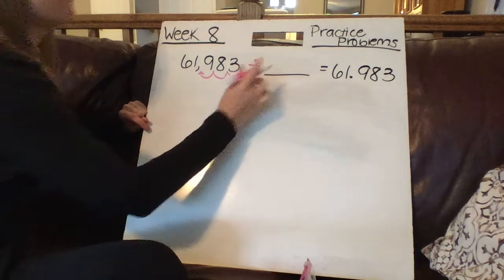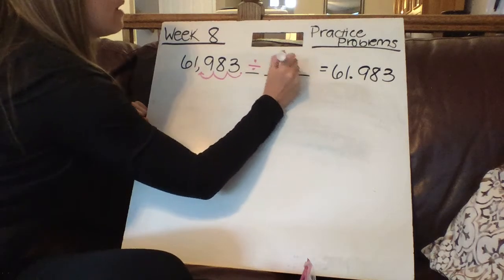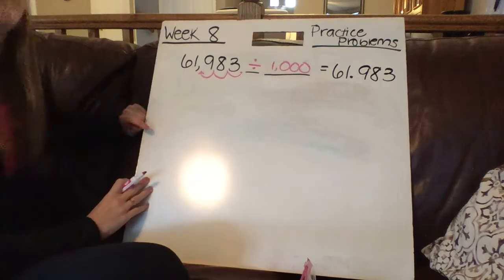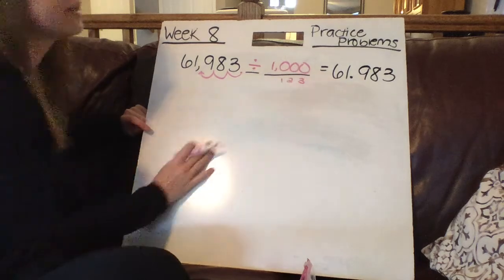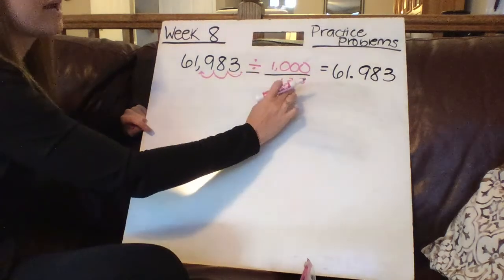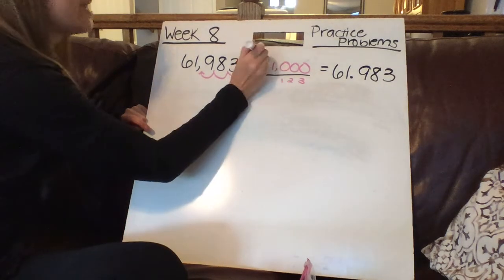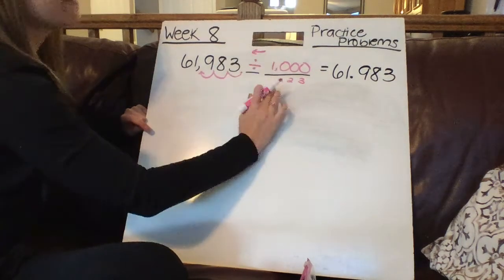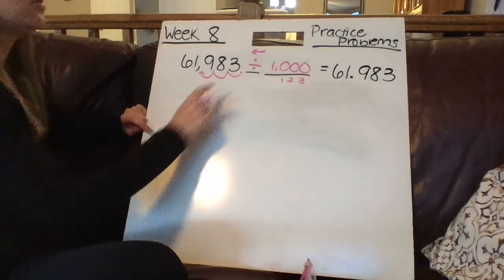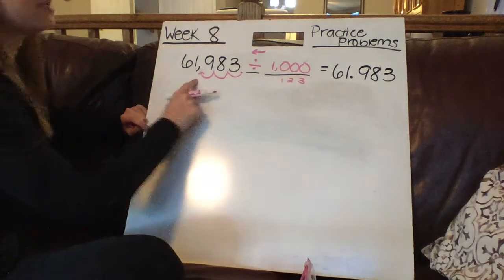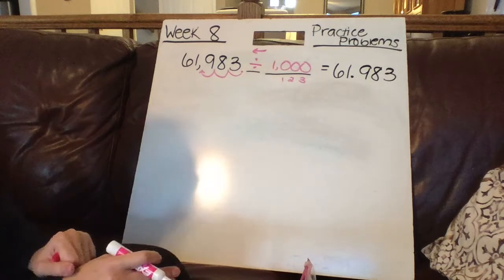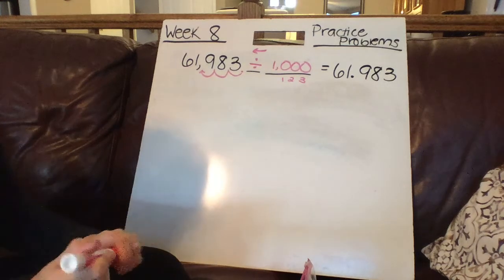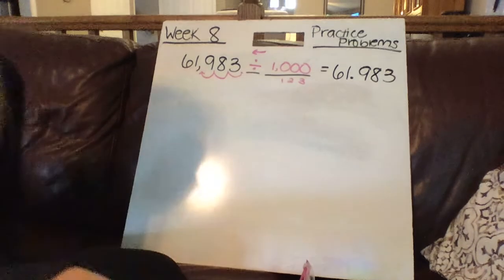So that means we're going to divide then by 1,000, because 1,000 has 1, 2, 3 zeros. So that means when we divide by a power of 10, we're going to move the decimal to the left 3 times. So we move it 1, 2, 3 times to the left, and now we get the current number of 61 and 983 thousandths. Okay.